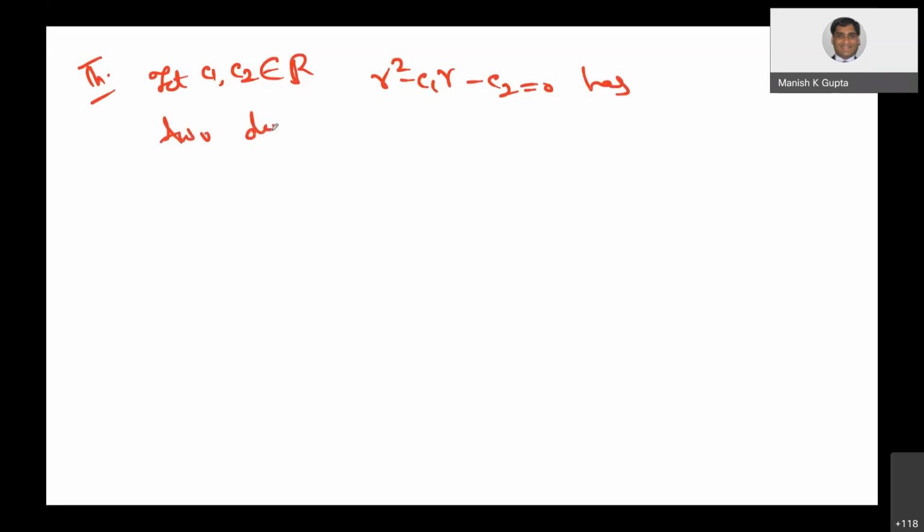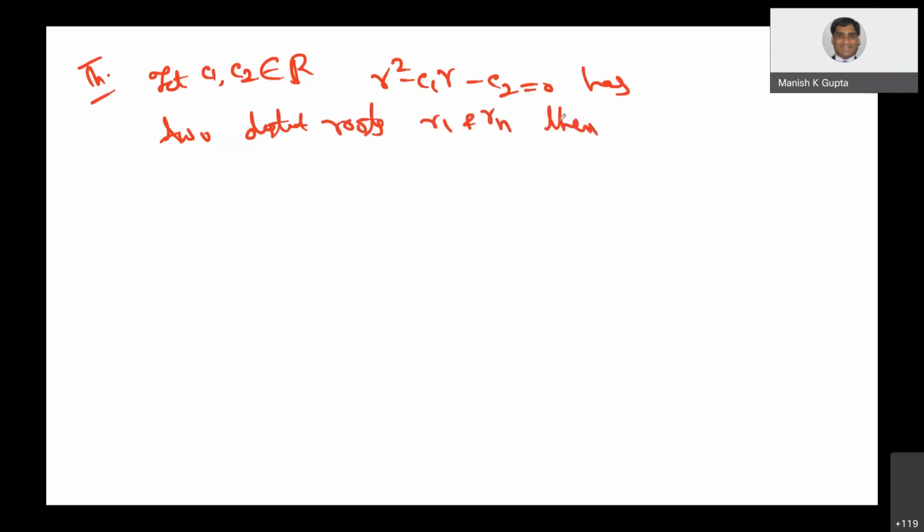So the theorem is like this: let c_1 and c_2 be real numbers, constants, and suppose r^2 - c_1 r - c_2 = 0, the characteristic equation, has two distinct roots r_1 and r_2.